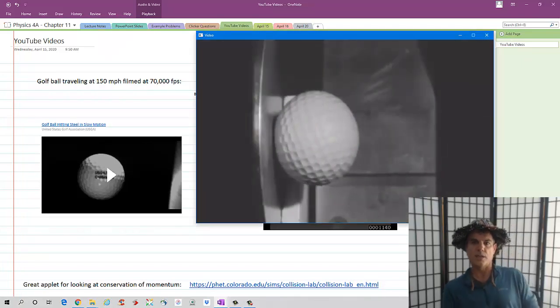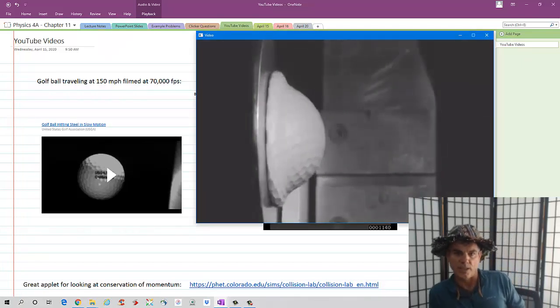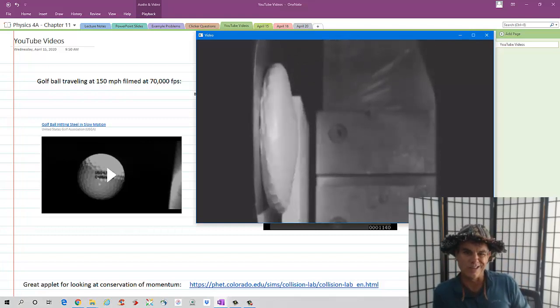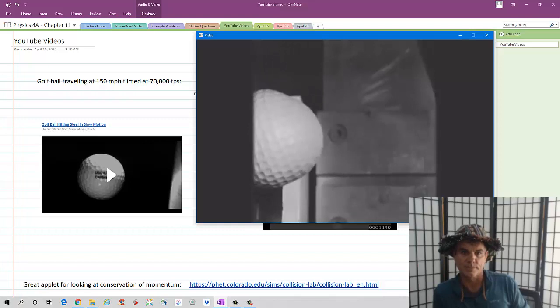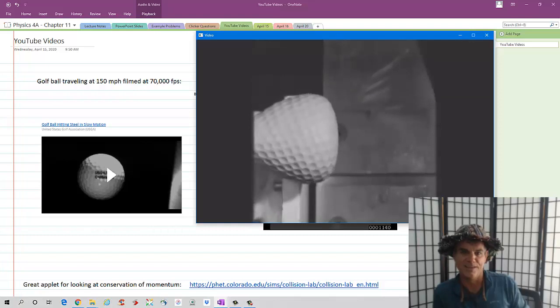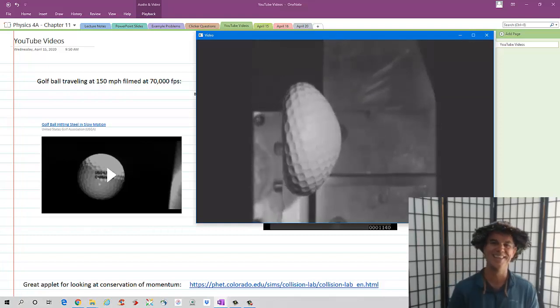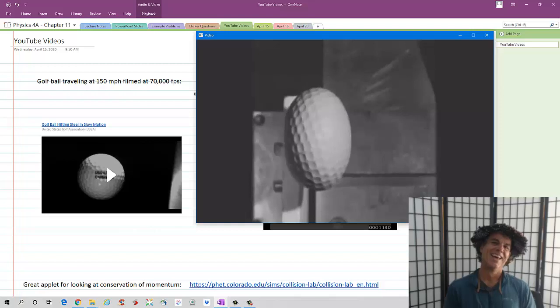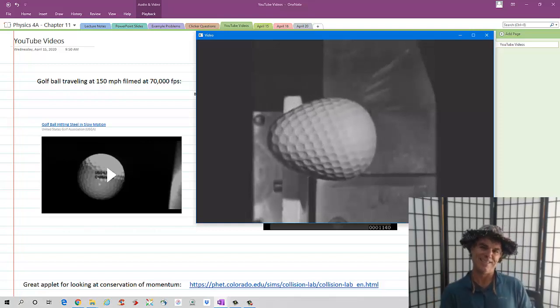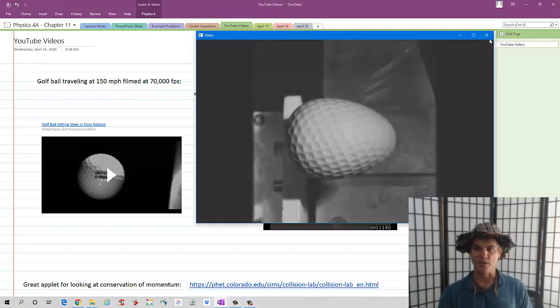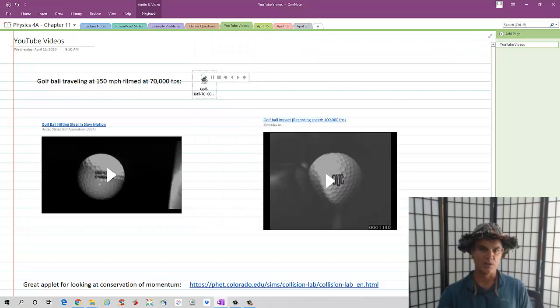Okay, so here's a collision of a golf ball with a steel plate moving at 150 miles an hour, filmed at 70,000 frames per second. That is badass. Actually, let's just play that whole thing one more time because it's pretty darn cool.